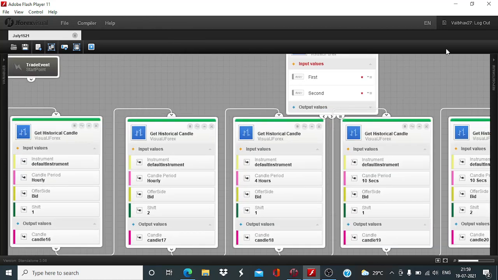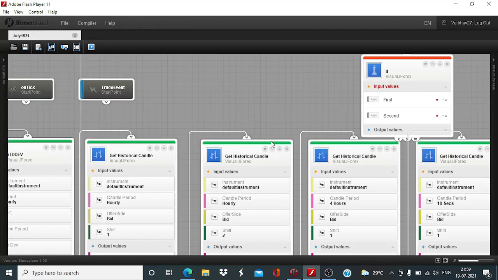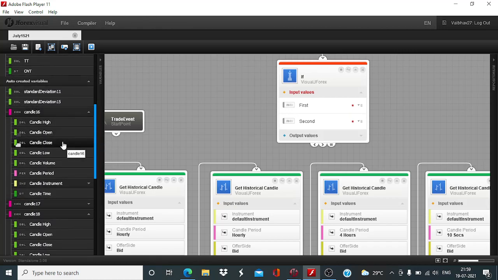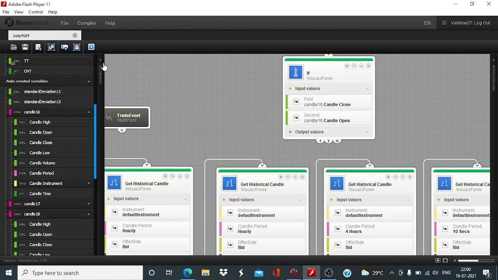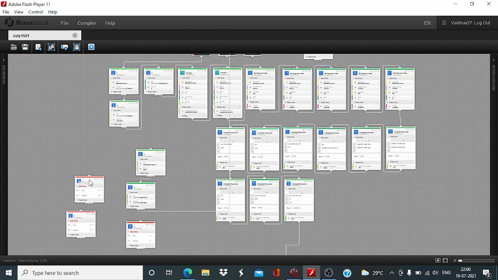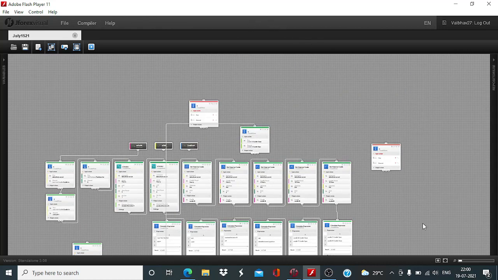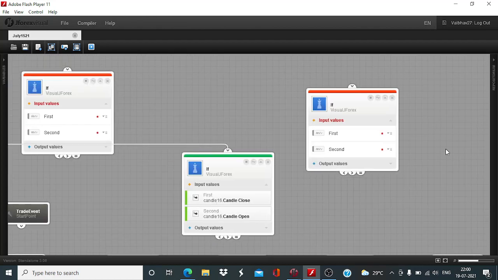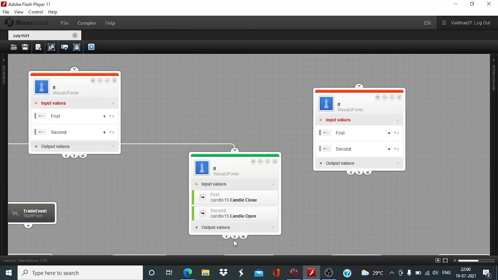So we are going to need the candle 16's closing value to be below its opening value. First input less than second input.